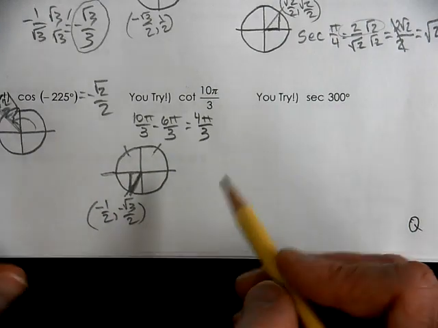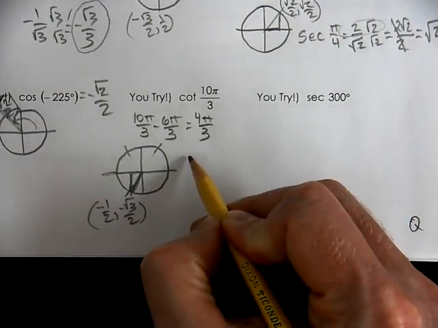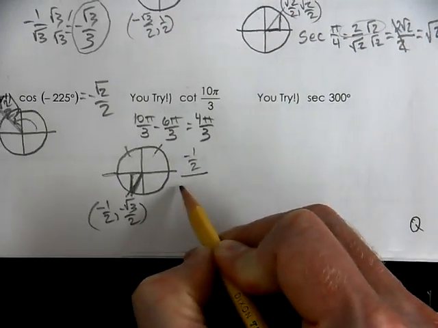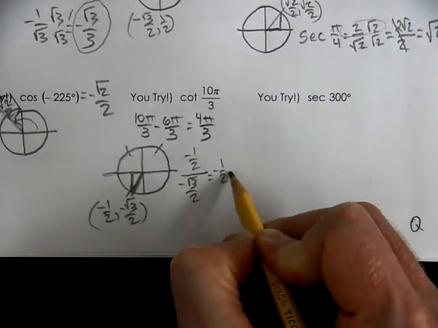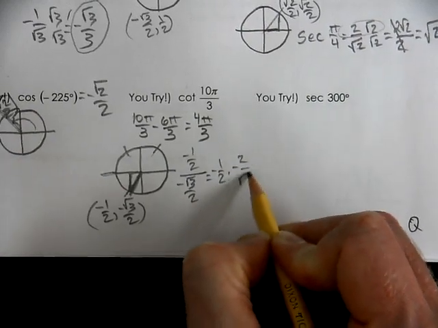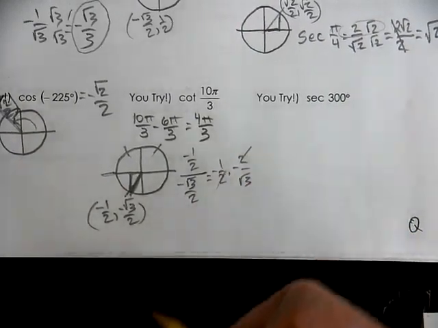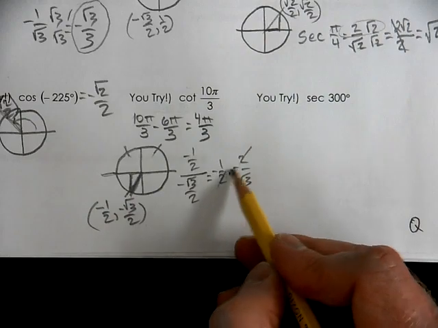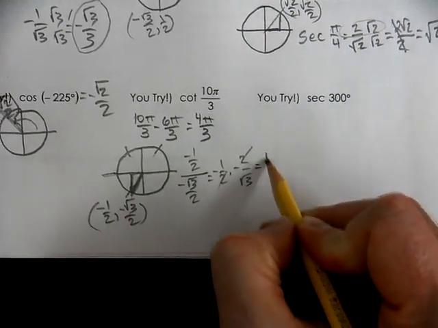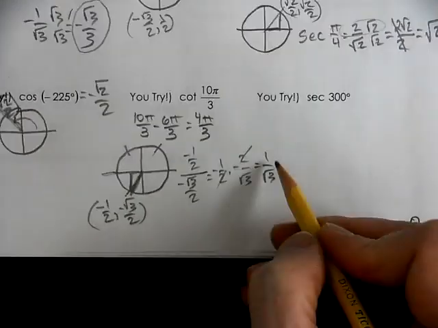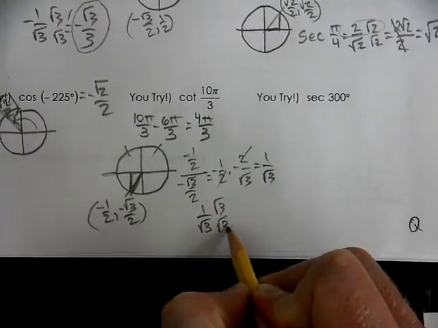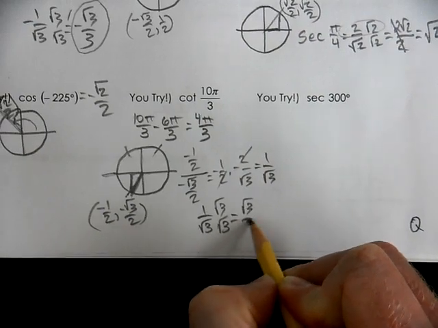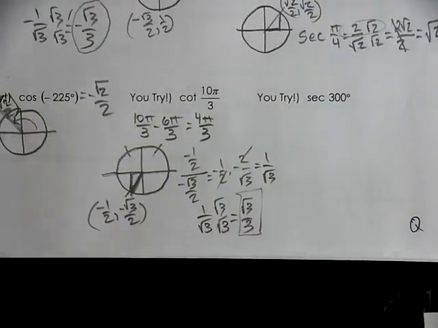Cosine over sine. So the 2's cross out, the negatives become positive, and this is 1 over root 3. Well, that needs to rationalize the denominator. And I get root 3 over 3.